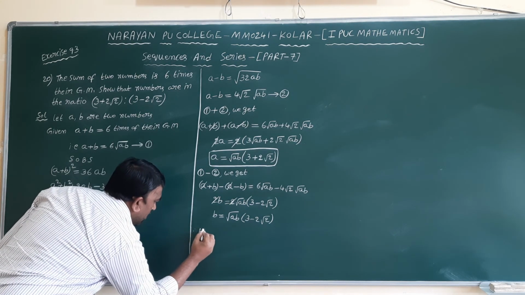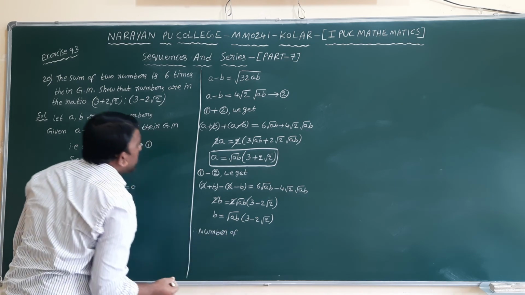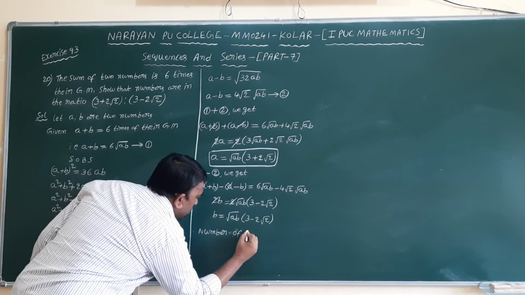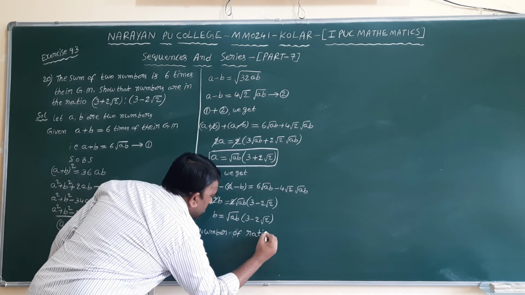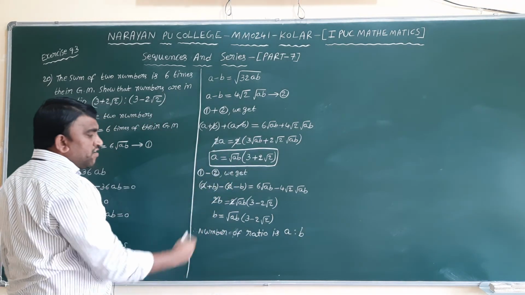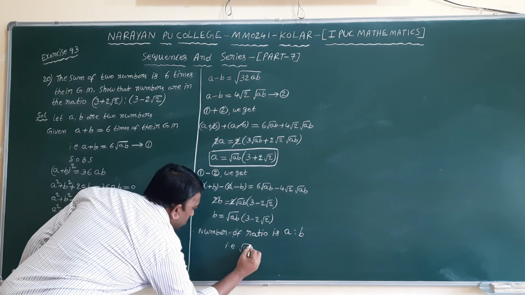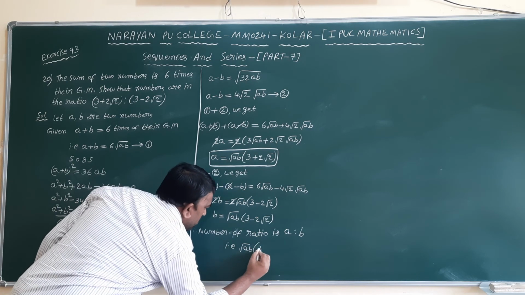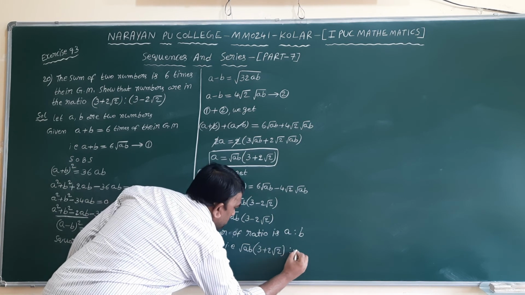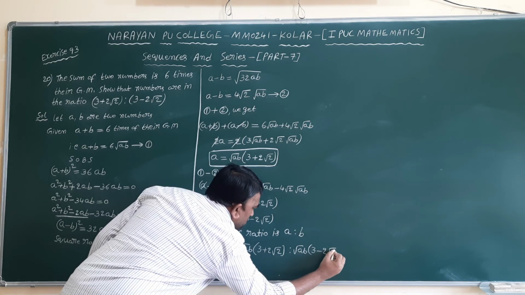Therefore the numbers are in the ratio a is to b. So substitute a value and b value: root ab into 3 plus 2 root 2 is to root ab into 3 minus 2 root 2.